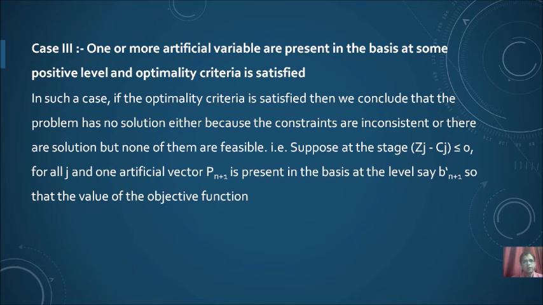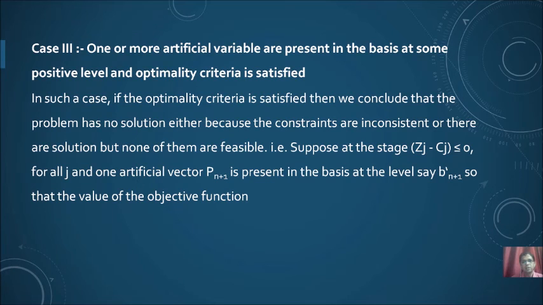Now why are we concluding that? Since an artificial variable is present in the basis, why do we conclude that the given problem has no solution, or the constraints are inconsistent, or the solution is not feasible? That is what I explain in the next few lines.